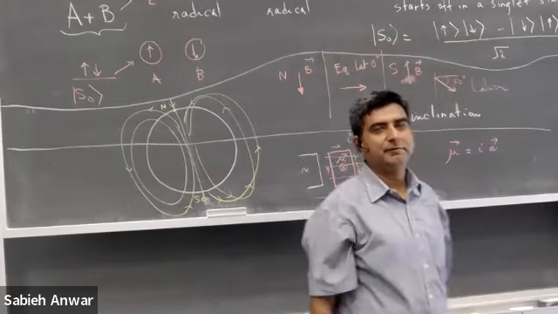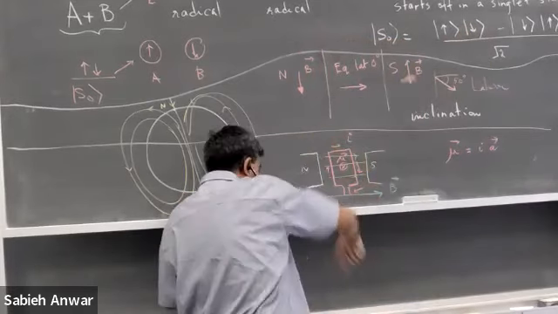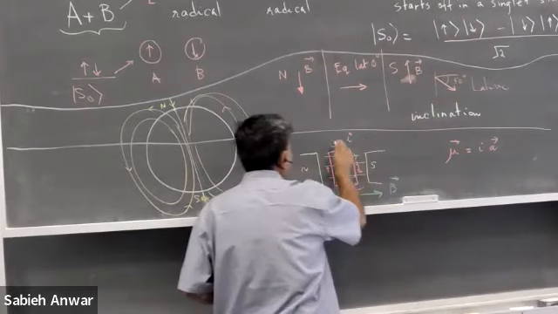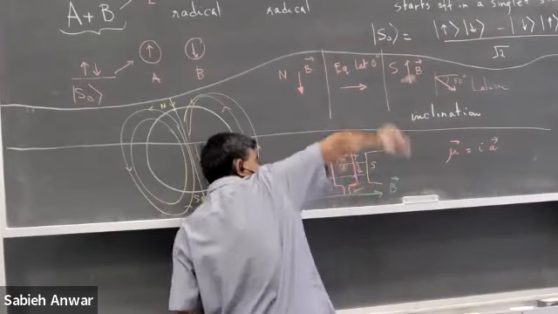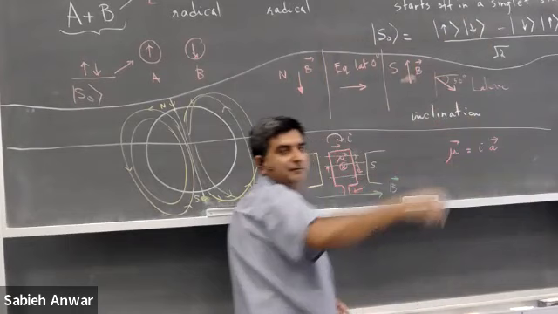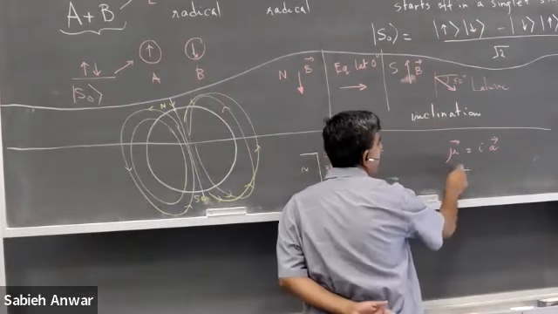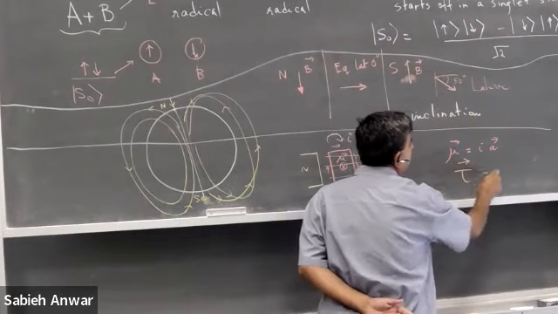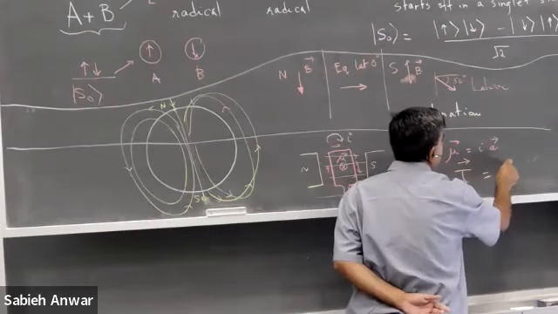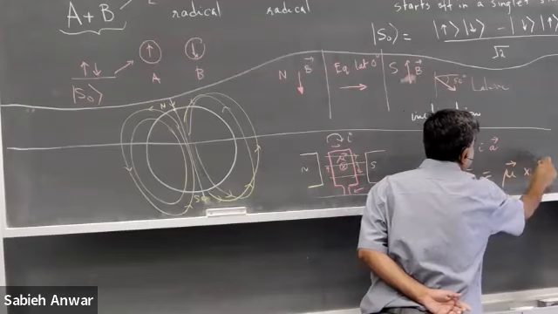If you look from the top, this coil is going to turn around and around and around. A torque is produced, and that torque is given by mu crossed with B.